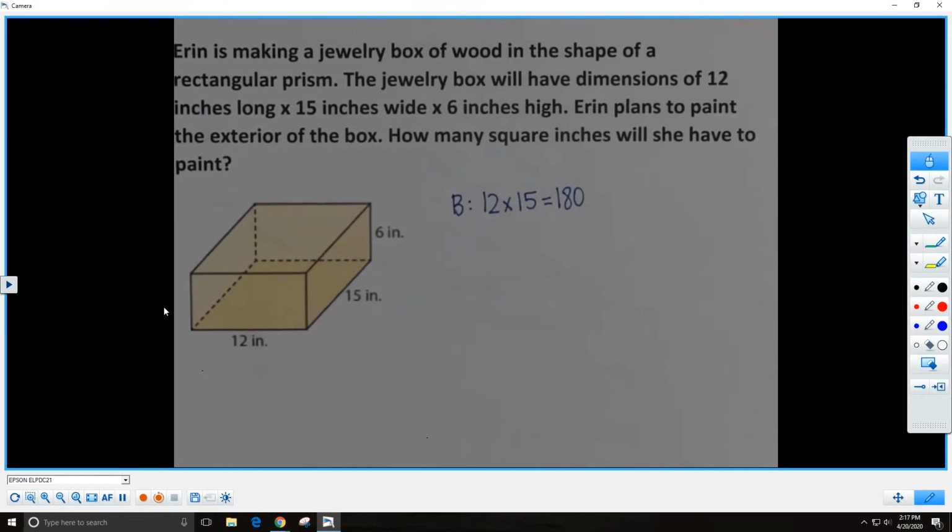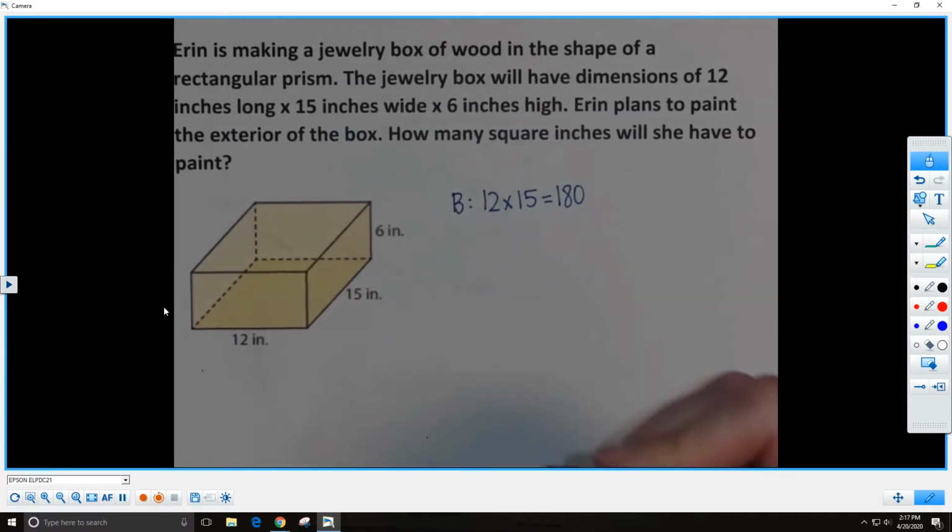The area of the faces that are not bases is called the lateral area. So if we remove these 2 bases, we have the lateral area. There are 2 faces that have an area of 15 by 6, and 2 faces that have an area of 12 by 6.